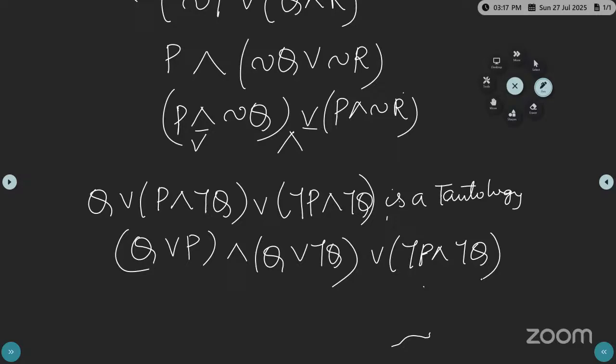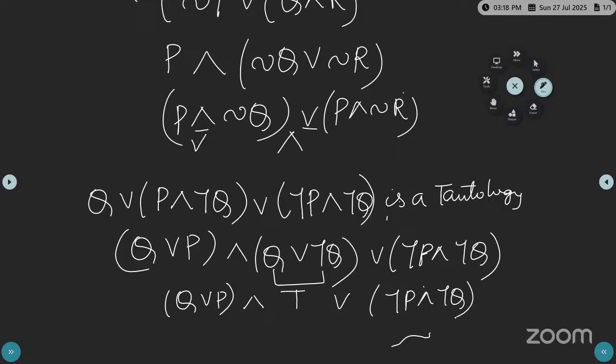Negation law na em law adi. See here, this one, Q or negation Q. Last one, I think it is negation law. According to negation law, Q or negation Q is true. Right? And I am taking here Q or P and true, or negation P and negation Q.